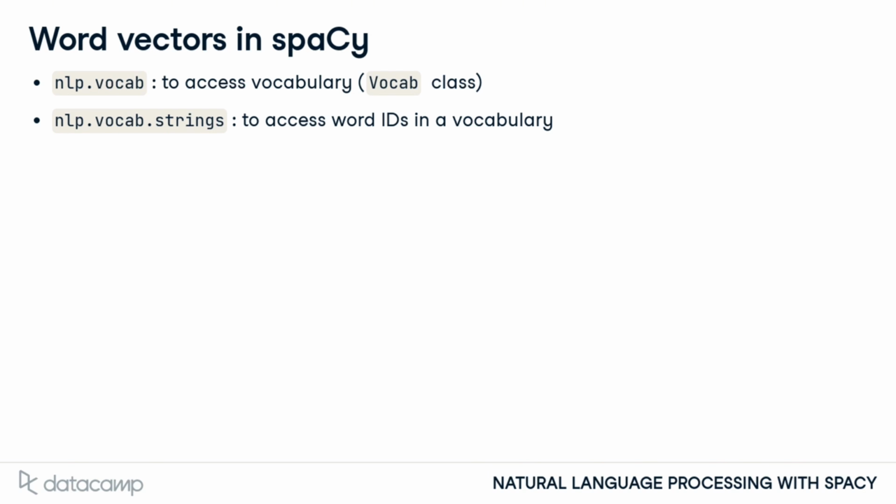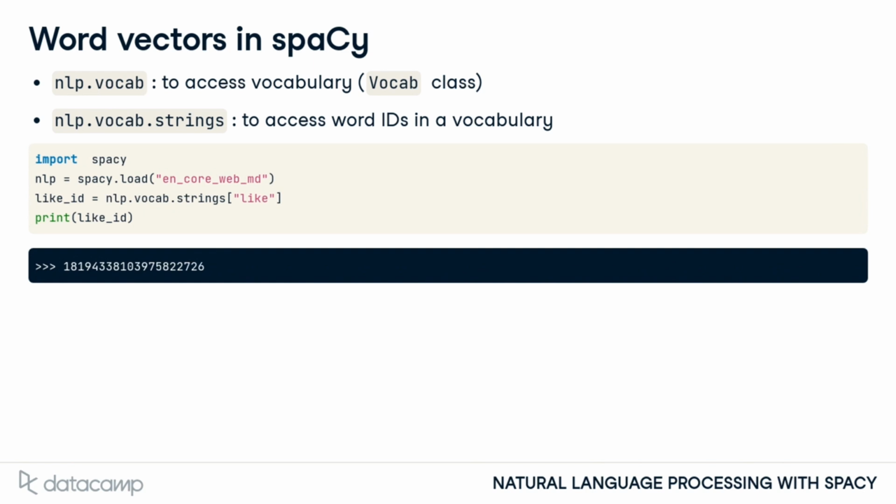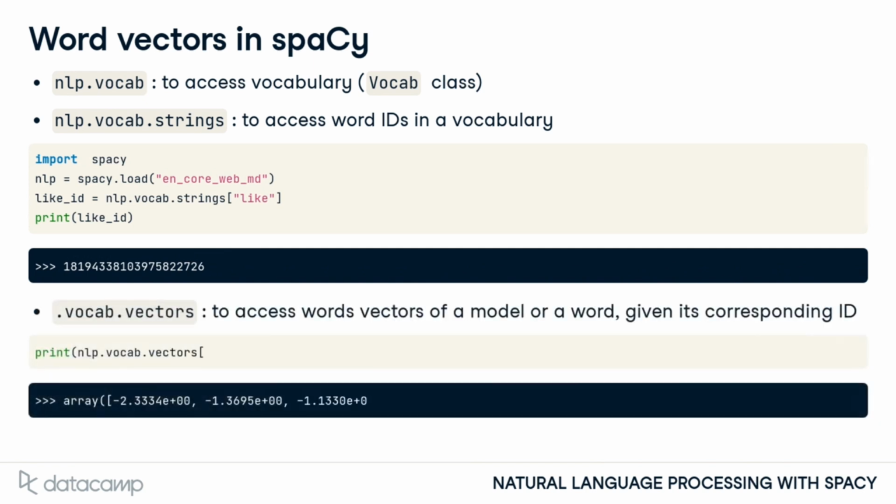Later, the vocab.vectors can be used to access the word vector of a word using its ID. For example, given a word like, we first access the mapping of the word to its ID in the vocabulary using nlp.vocab.strings within brackets the word like, then use this ID to access the corresponding word vector using nlp.vocab.vectors inside brackets the extracted word ID.